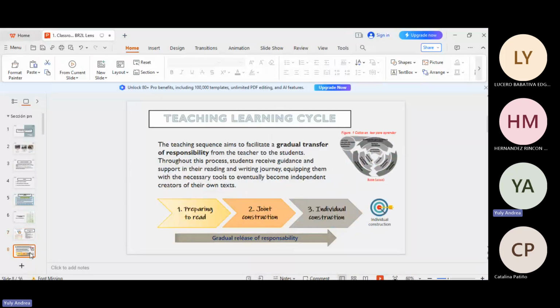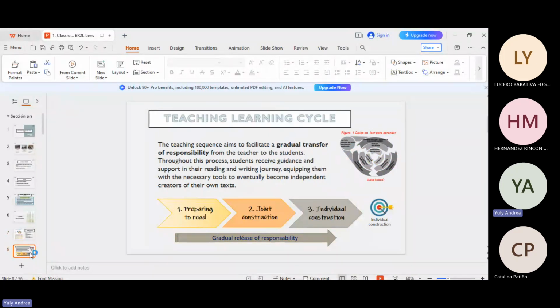Basically, what is proposed by the bilingual Reading to Learn, and in general the Reading to Learn literacy pedagogy, is that there are three main points you need to follow when designing a unit, planning, or conducting a teaching practice, and in our context when you want to teach English. Something I forgot to mention is that the main instructional material is a text based on the models and genres that I just showed you.